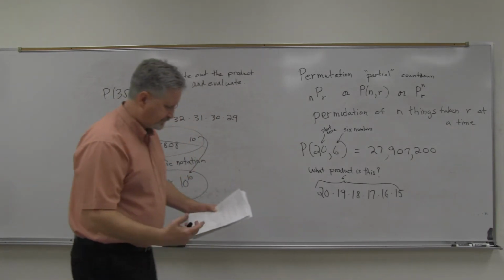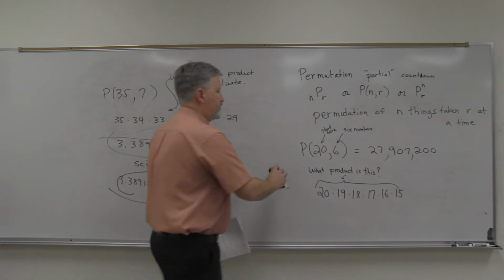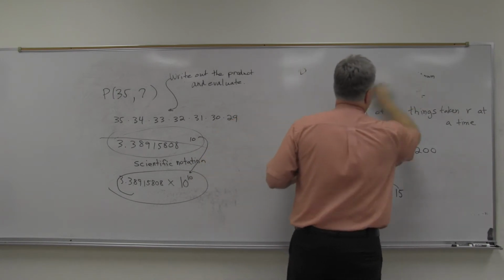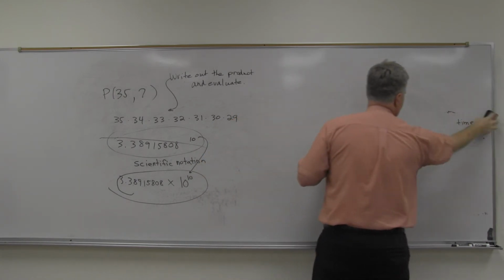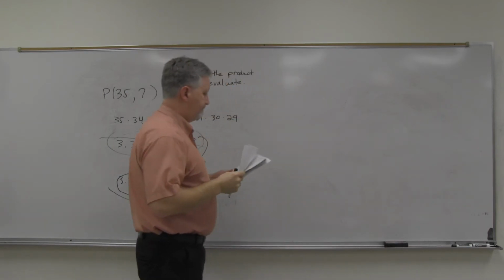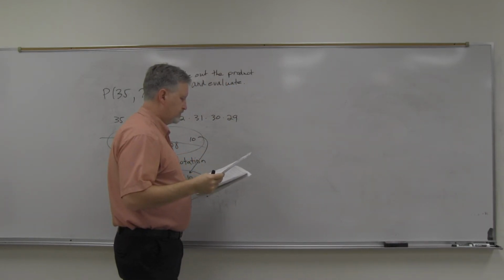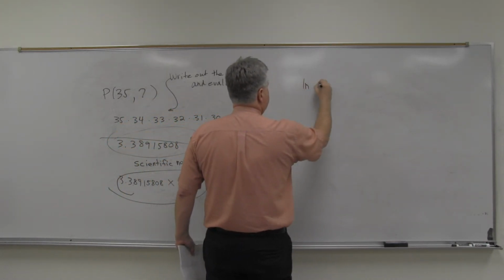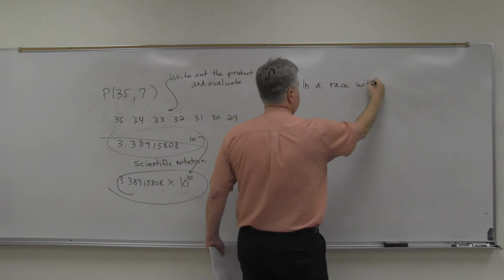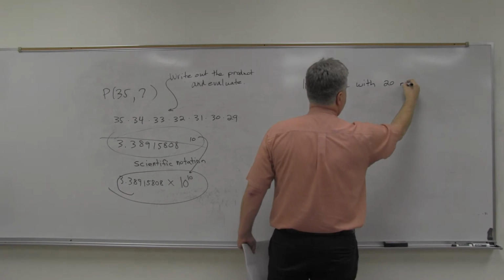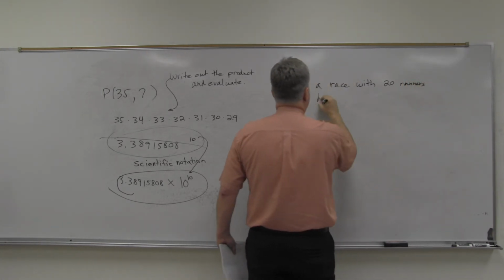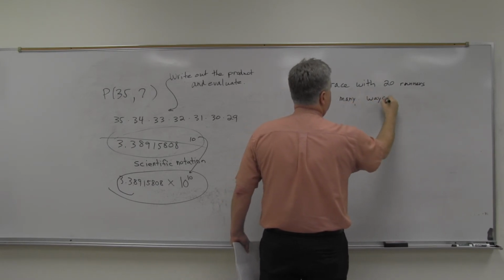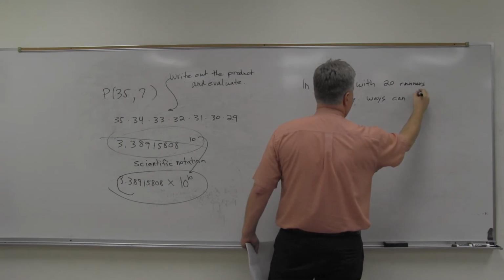Now, one thing to point out here, let's try to think of another problem here real quick. So again, in a race with 20 runners, how many ways can first through fifth occur?